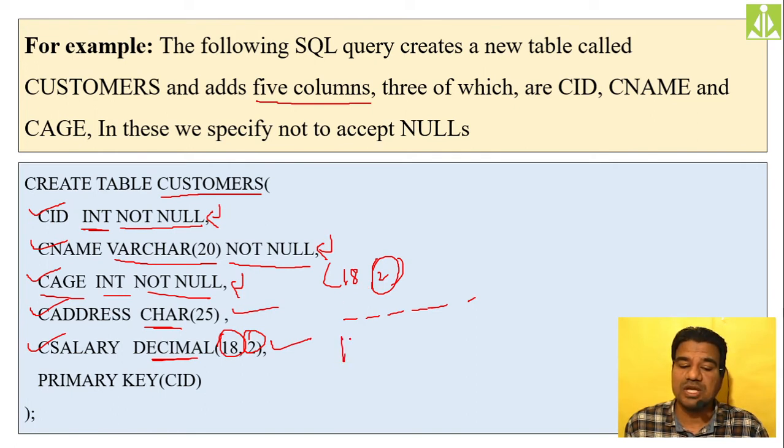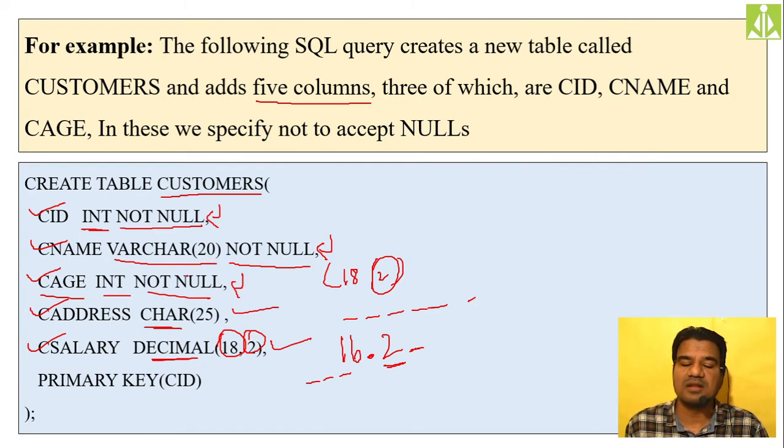So 16 for storing the actual number, and 2 digits for decimal points. 18 comma 2 in the sense 2 digits for fractional parts, and 16 digits for storing the actual number. Like that you can give your customer salary.